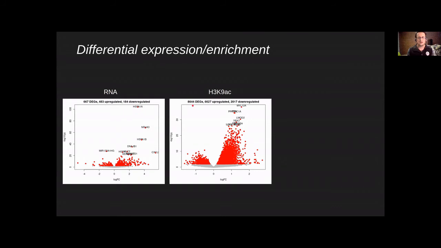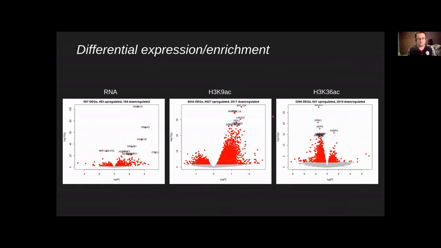There were over 8,000. So you can also see a very strong bias towards upregulated genes here, which is consistent with the previous work in the field on looking at global acetylation levels. And also for lysine 36 acetylation, there were 3,000 differentially enriched genes with a bias towards downregulation.